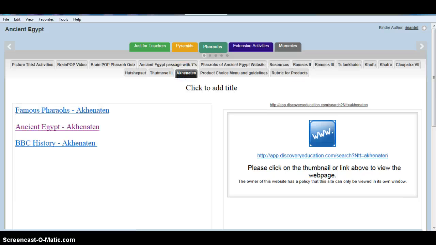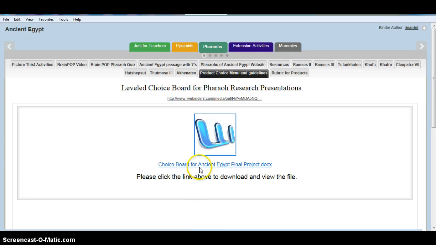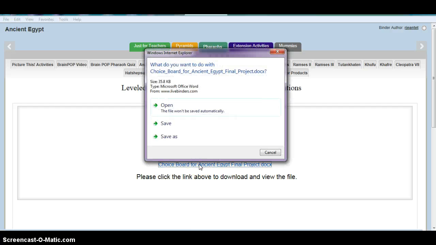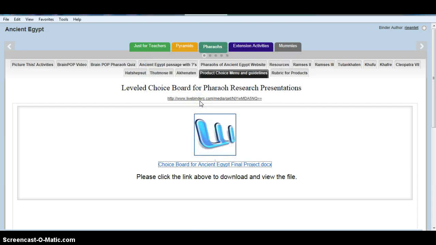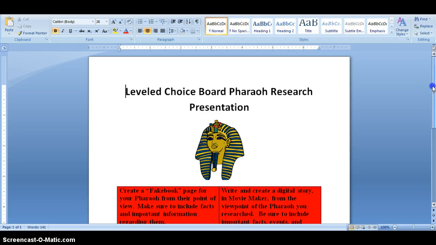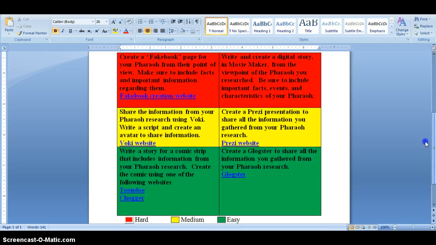Once they got a bunch of notes together and thought of some good questions and some information, we talked about the product choice menu. The way that I introduced this, I told them that they get to pick how they want to present their information. Everybody has to present, but they can each do it in a way that they're comfortable with.